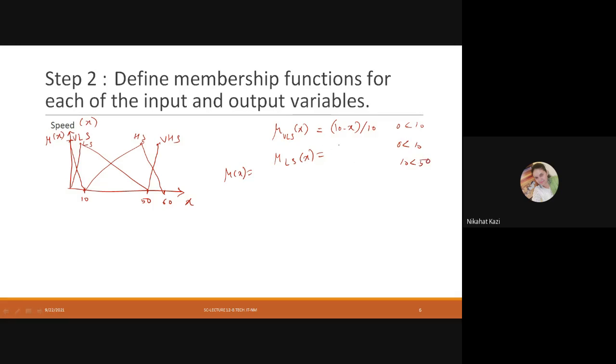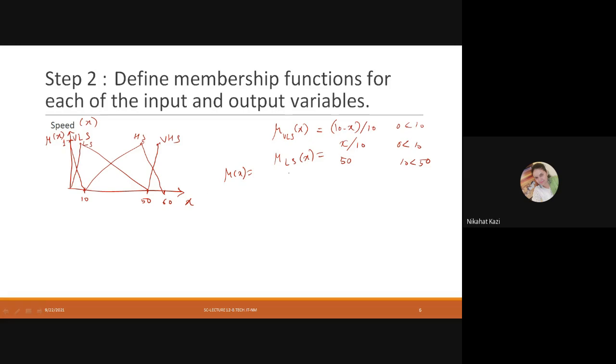So low speed, first is an increasing function. What is the function? By now you should be well versed with writing this. What is the equation of this line? x by 10.